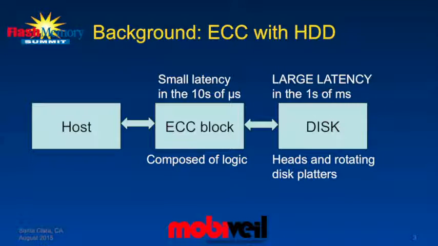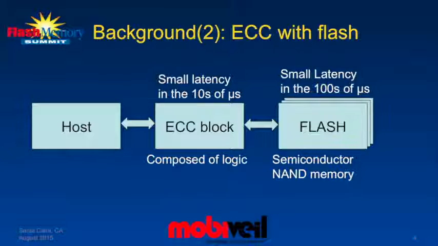Very quick, very easy to do. You assigned one guy to put him in the corner and let him have fun with the ECC block. And of course the disk drive itself had milliseconds of latency, often for average seeks, so this block was a very small part of the transaction.